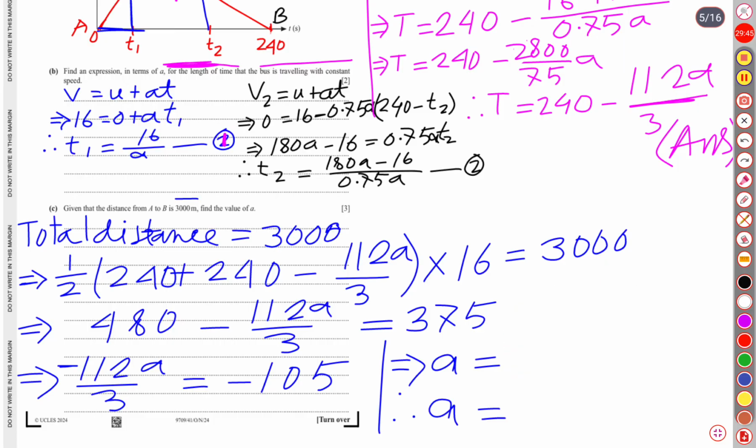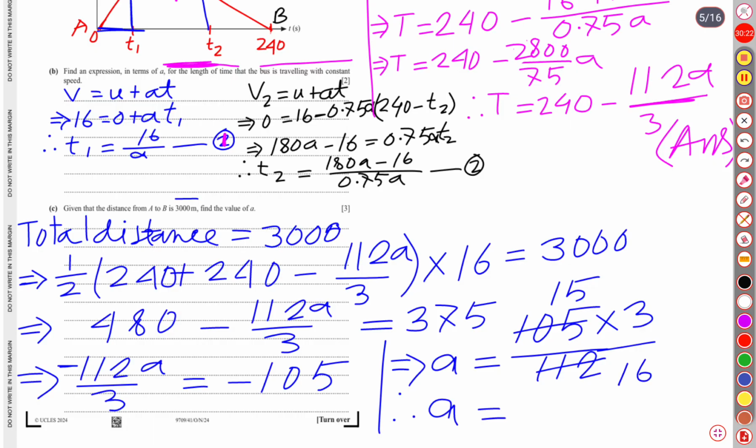The fraction has been formed wrongly. 105 must be the numerator, and 3 from the left side is transposed, so it will be in the denominator, with 112. Dividing by 7 gives 15 and 16.